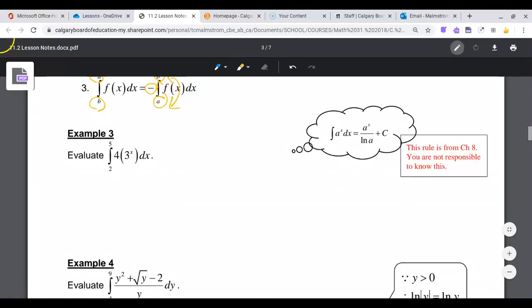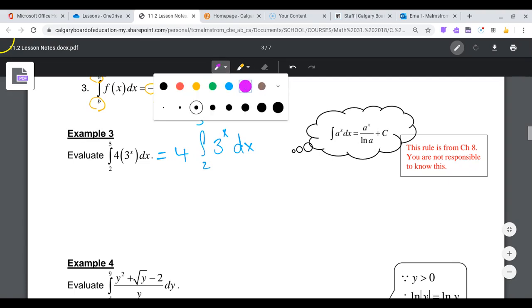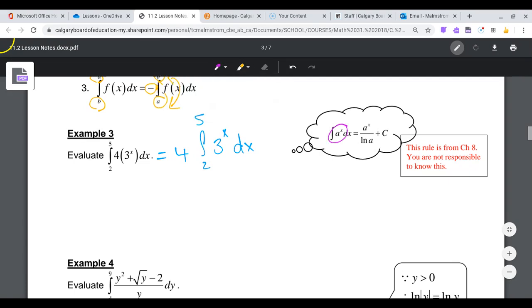Okay, so to evaluate this question, number 3, from 2 to 5, I have a constant 4, and then it's 3 to the power of x. So I could just rewrite this with a 4 in the front. And then it's asking me to take the antiderivative of 3 to the x. We don't know that rule, but I can look here.